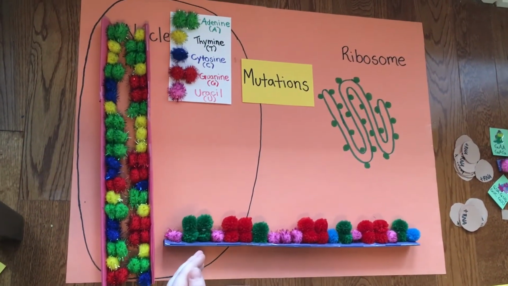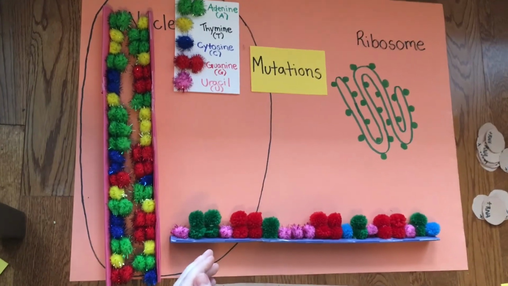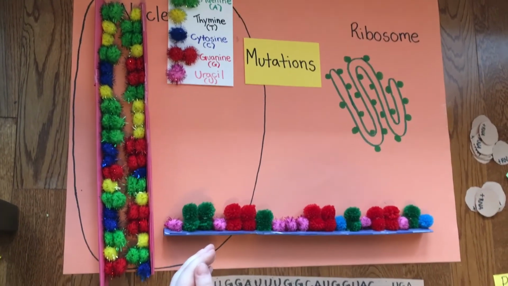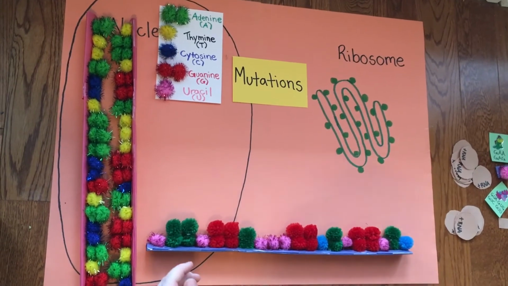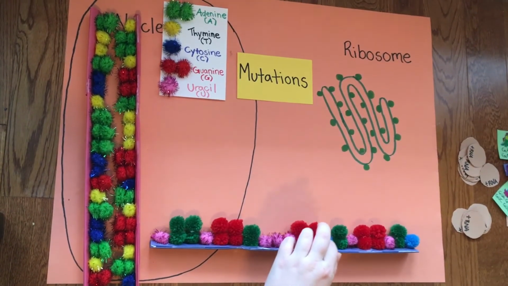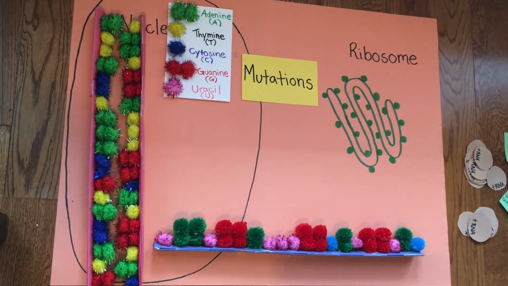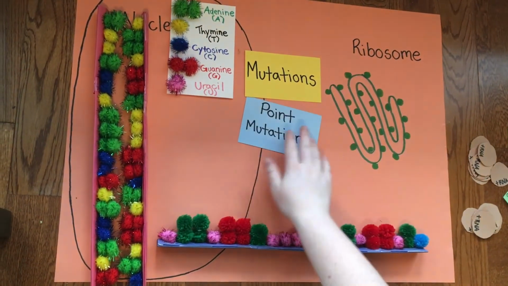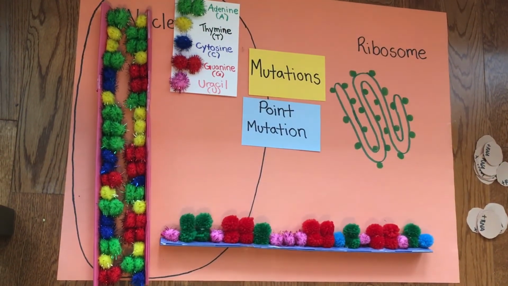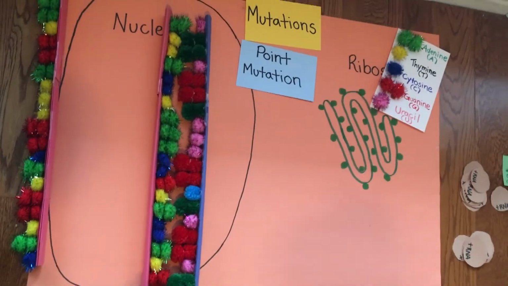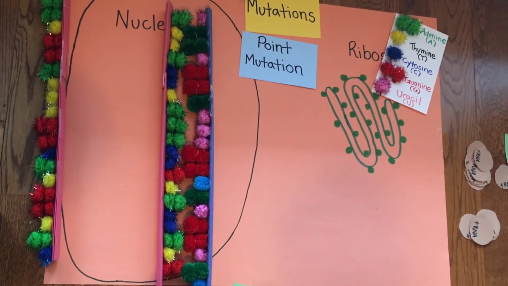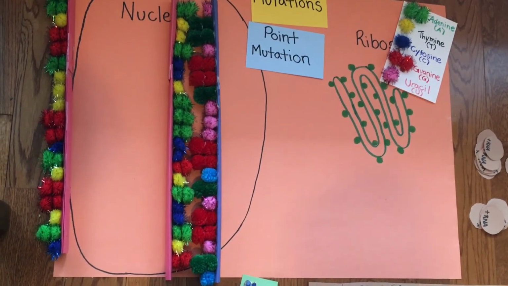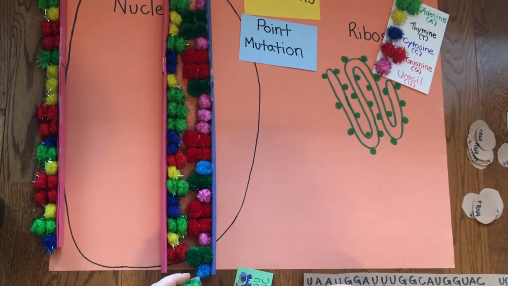However, in this lesson, we're only going to be learning about single base mutations, which include 2 main divisions. So the first mutation that we're going to be talking about is called point mutation. In a point mutation, a single base in the DNA gets substituted. So we're going to start here.